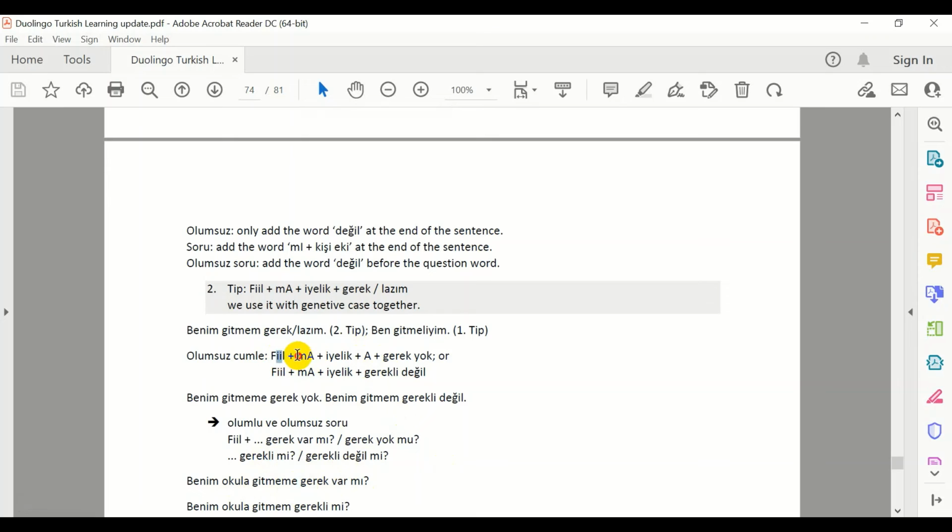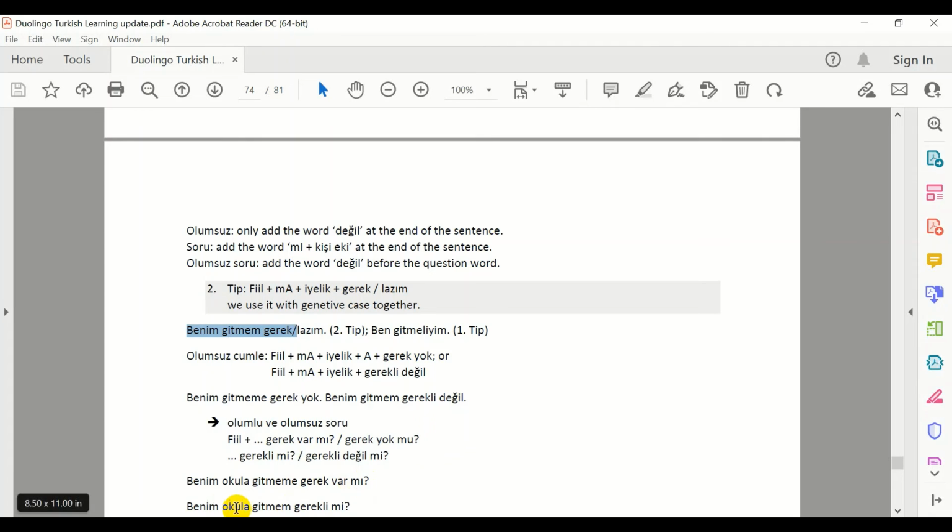Well, I said that when you have the positive sentence here, you only add the question word at the end. Here see, benim okula gitmeme gerek var mı?